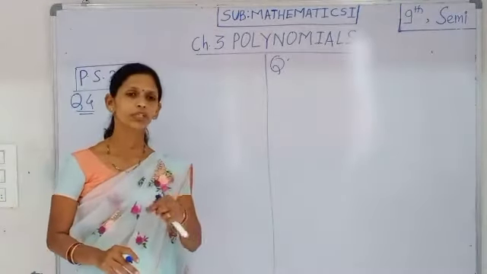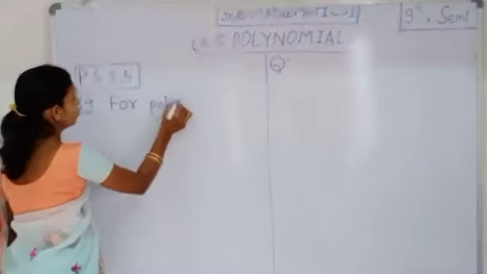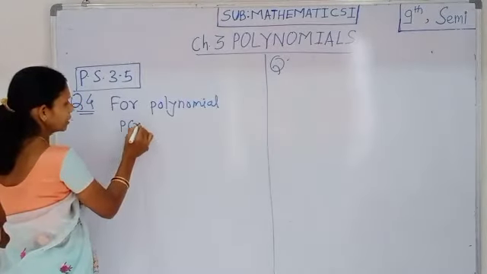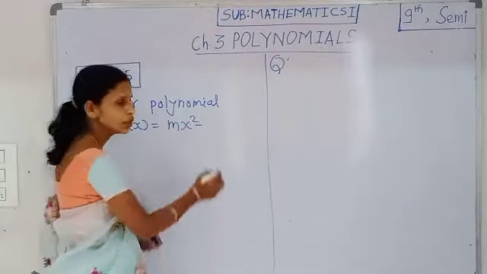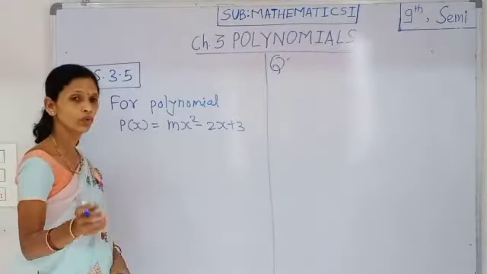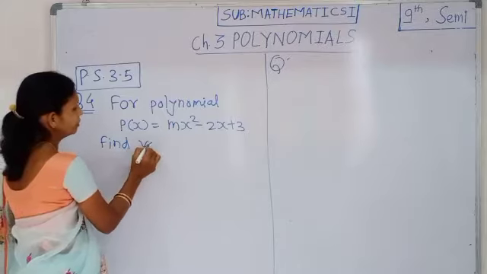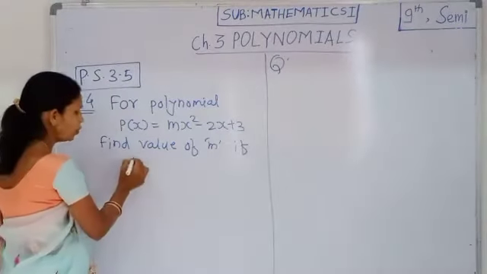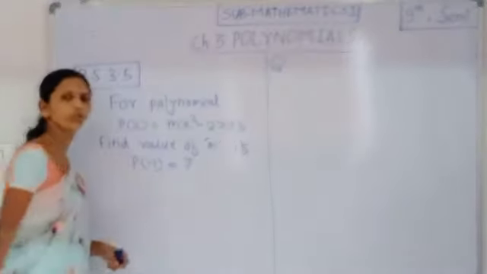In question number 4, the given polynomial is p(x) = mx square minus 2x plus 3, and we have to find the value of m, if the value of the polynomial for x equals minus 1, that is p(minus 1), equals 7.